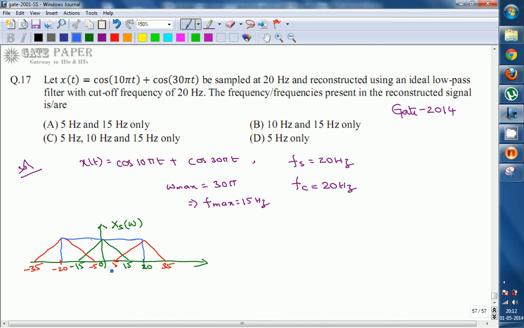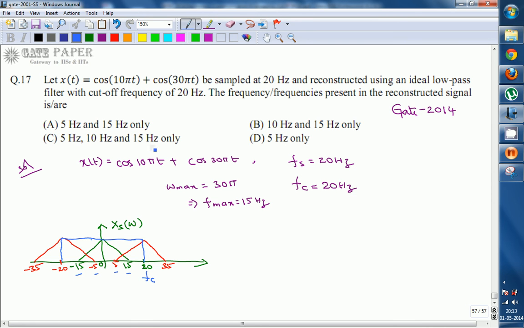You can observe that this low pass filter can pass the frequency components at 5 and 15, and also at minus 5 and minus 15. This is an ideal low pass filter having cutoff frequency of 20 Hz. That's why it can pass the frequency components at 5 and 15 Hz. We don't have any frequency component at 10 Hz.